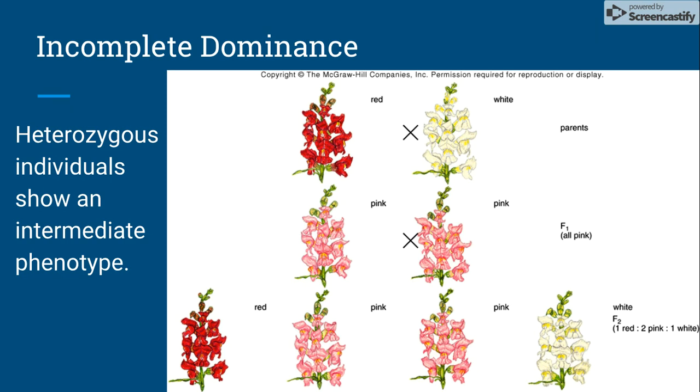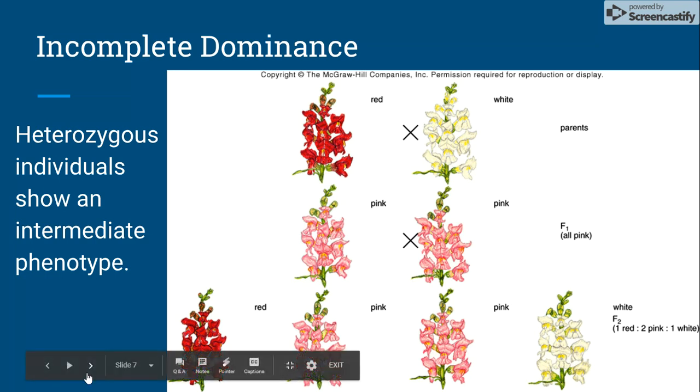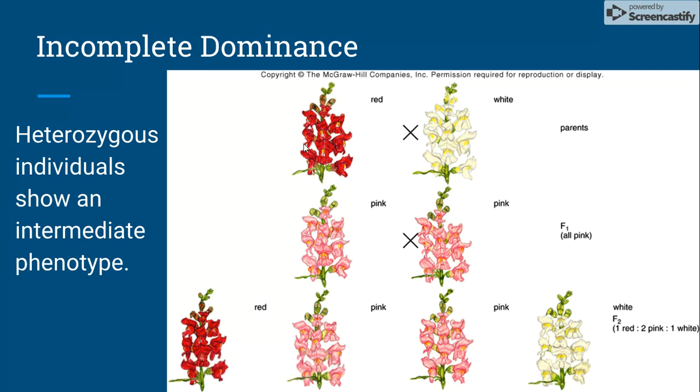Incomplete dominance. So in incomplete dominance, what we have is individuals that are homozygous looking different than individuals that are heterozygous. So red, these are snapdragons, and red is dominant.